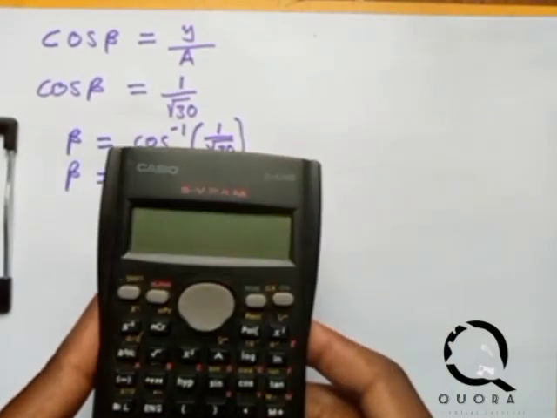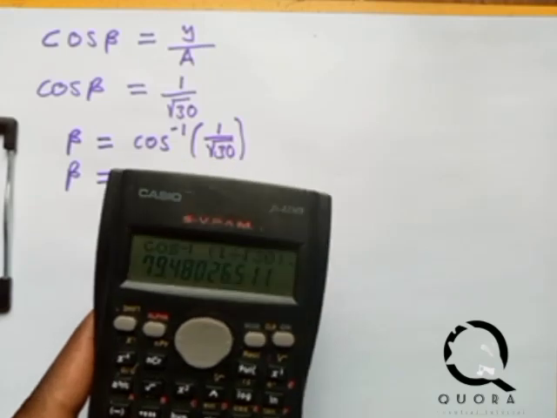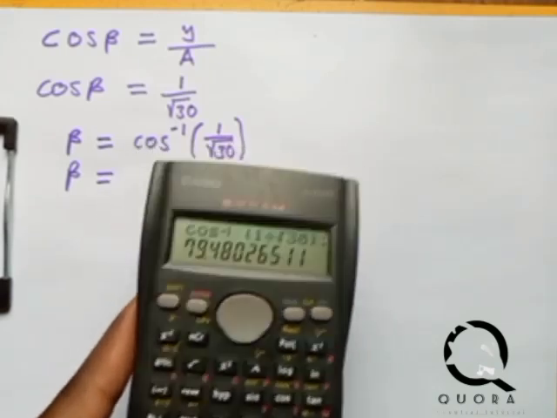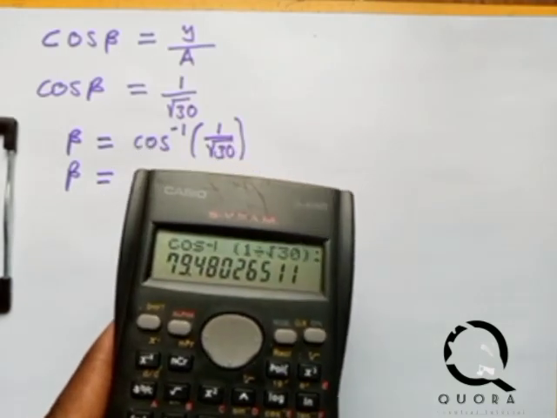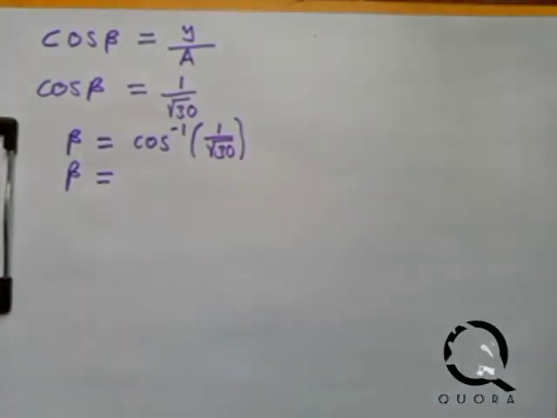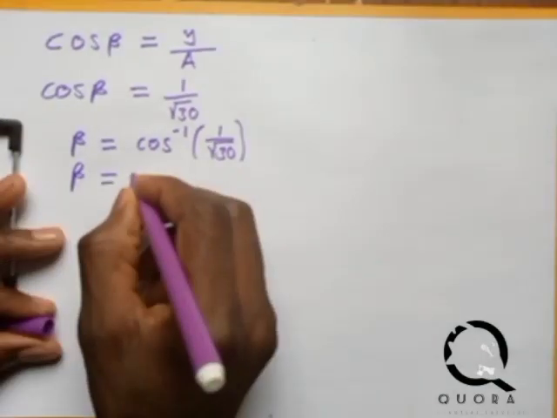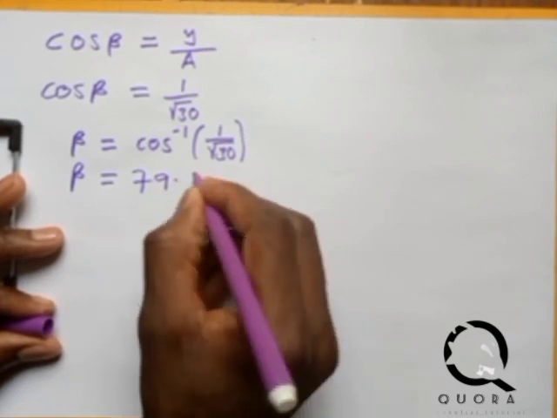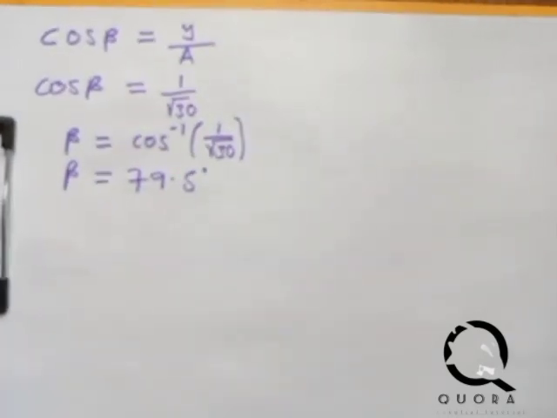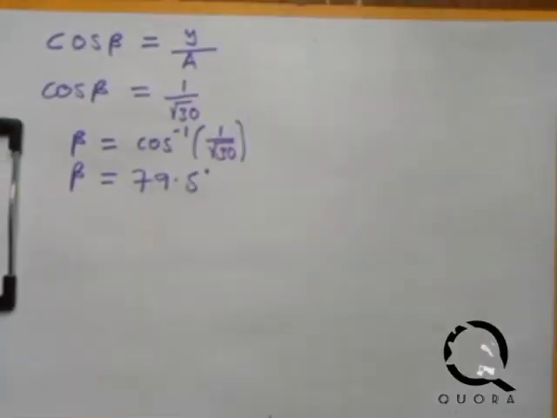I'll close. We are getting 79.48, which is going to be equal to 79.5 degrees. Okay, that is the angle which is made between the resultant A and the y-axis.